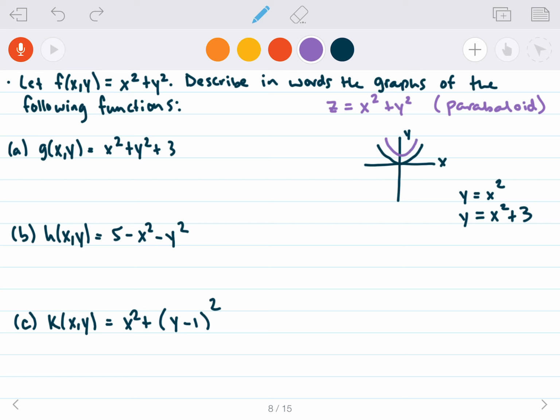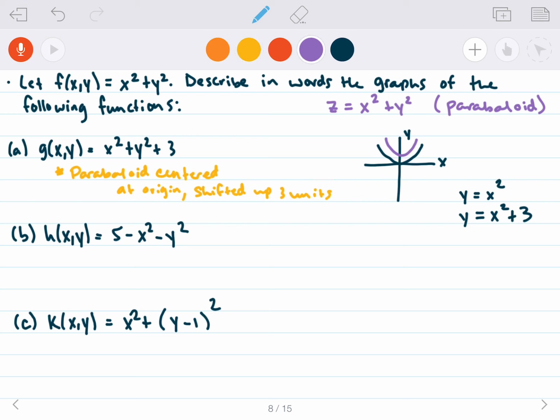We are given the basic paraboloid here, centered at the origin, but this time it's shifted up 3 units. Okay, so this is a paraboloid centered at origin, shifted up 3 units. That's the basic idea.